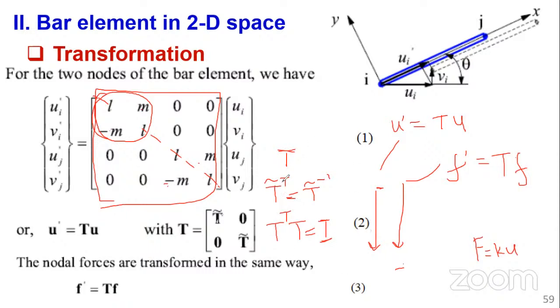Remember we said that T transpose for this orthogonal matrix is the same as T inverse. Of course, transpose is like you exchange rows and columns. So if we exchange this, T transpose, as a reminder, this will be L, this M comes here, minus M, and then M becomes here L. You can try also getting the inverse of this matrix.